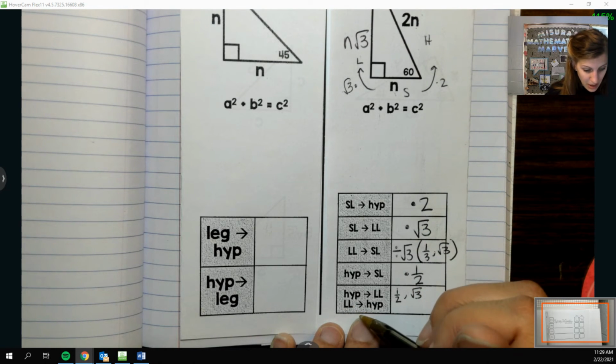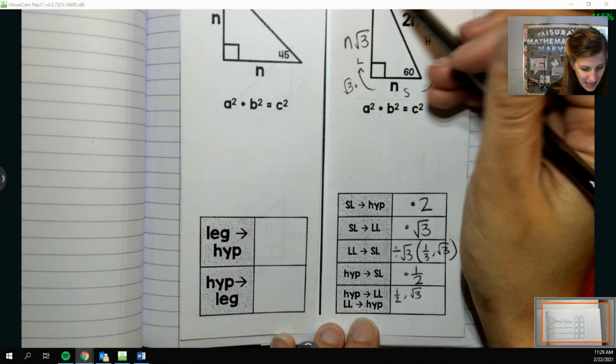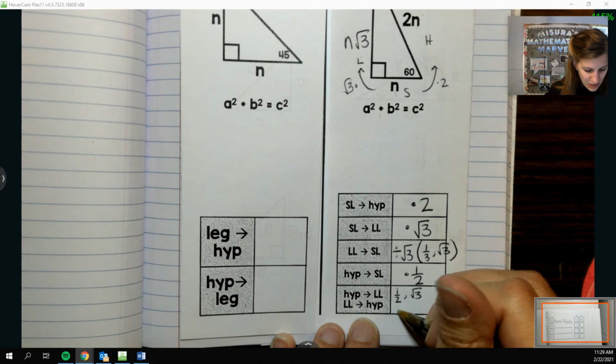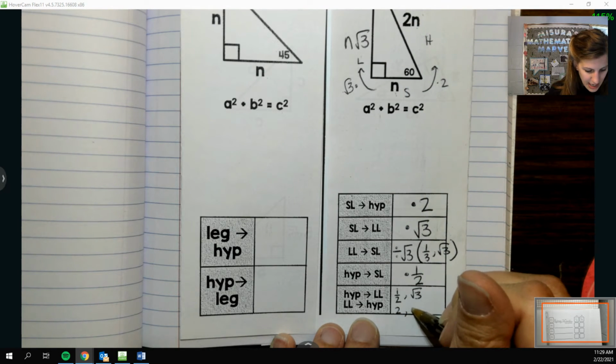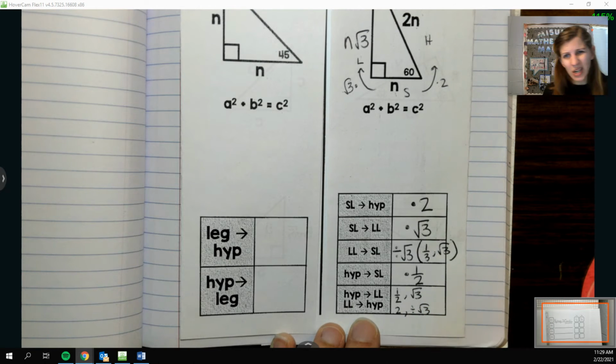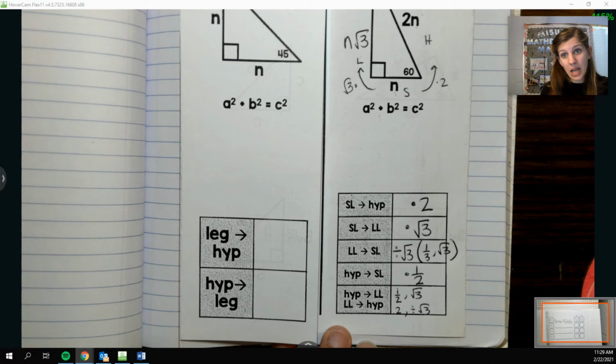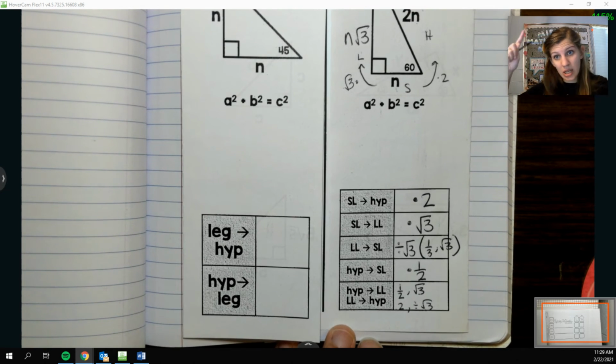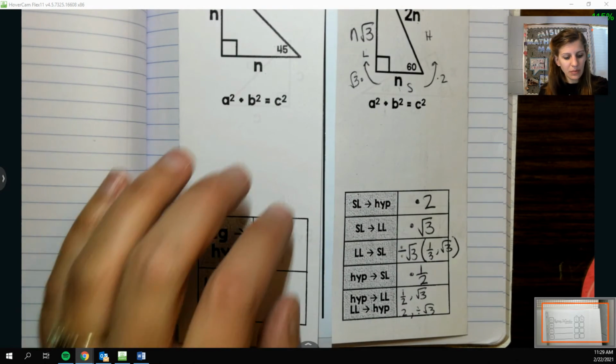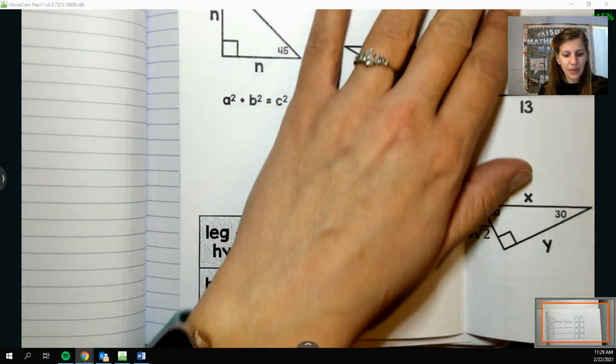And if you go from long leg to hypotenuse, you need to double and divide by root 3, or kind of take it off. I normally don't travel from long to hypotenuse. I always just get the small in between because I find that to be too tricky.